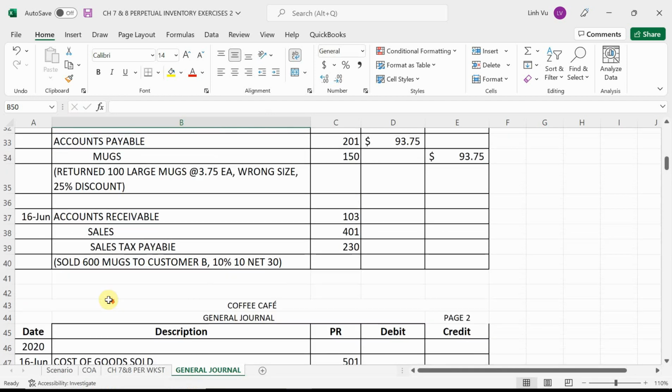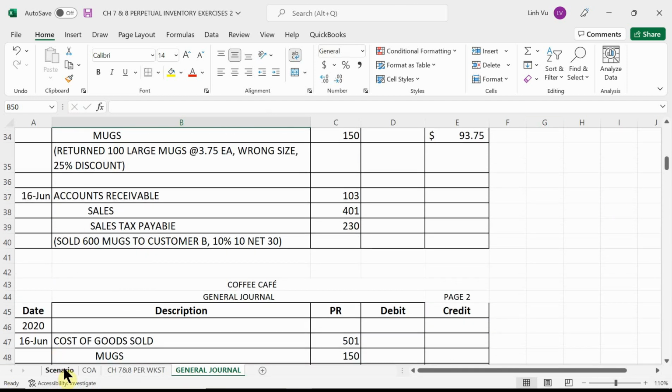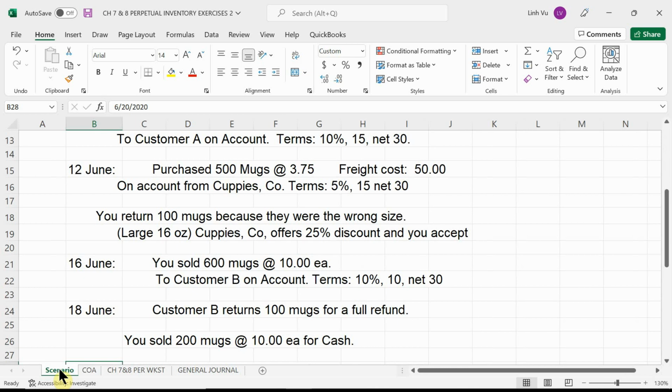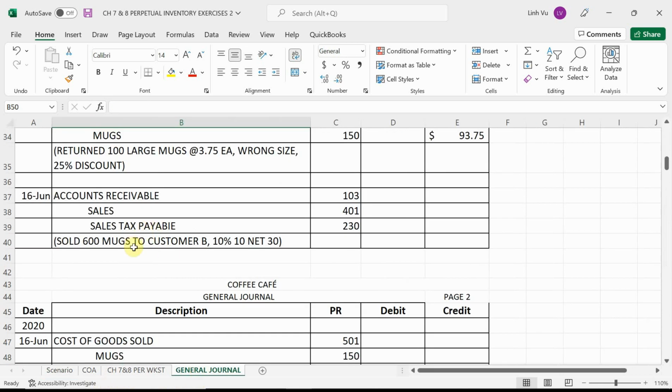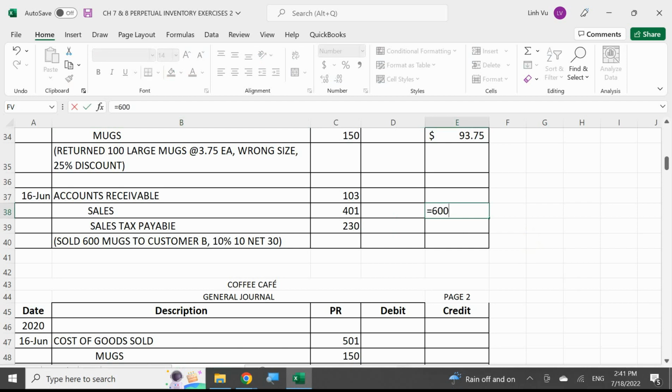So if I sold 600 mugs, okay, let me see where I'm at. If I sold 600 mugs at $10 each to customer B, then how much sales did I collect from customer B? Okay, so if I sold 600 units at $10 each, what was my grand total sales here? It's $6,000.